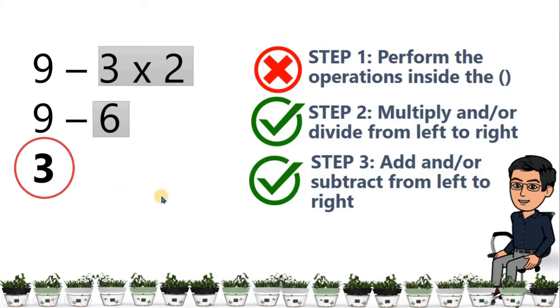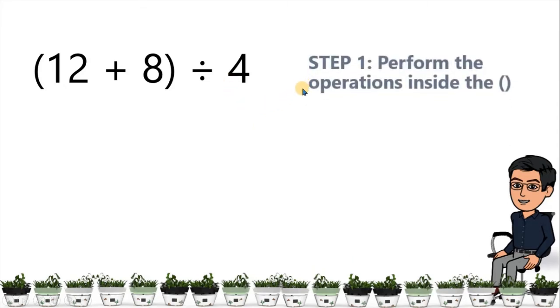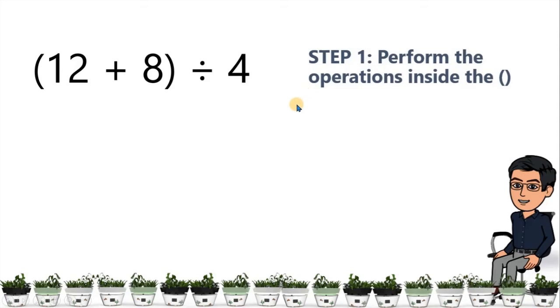Let us have our fourth example. The quantity of 12 plus 8 divided by 4. Let's consider our steps. Step number 1. Perform the operations inside the parentheses. Do we have an operation inside the parentheses?